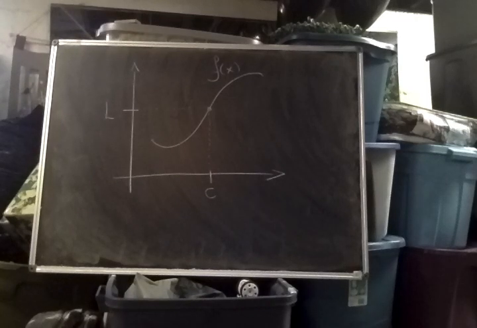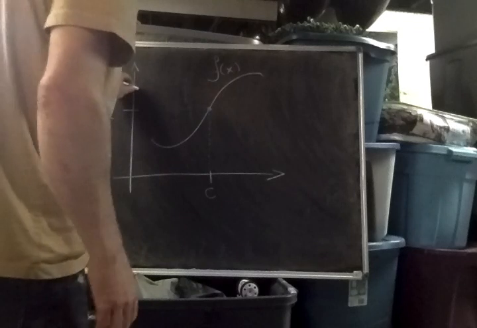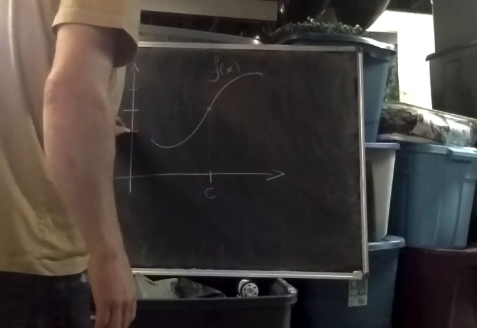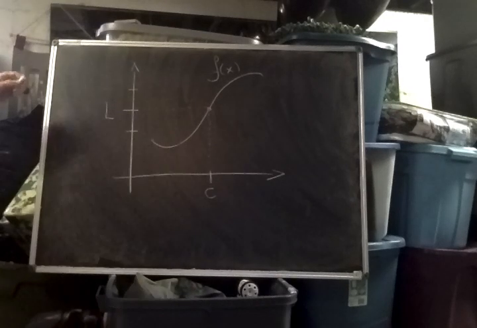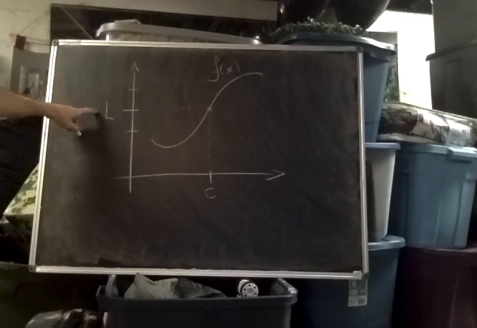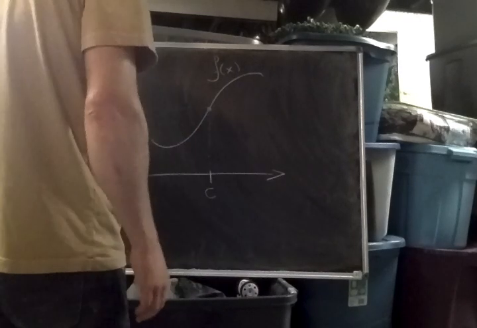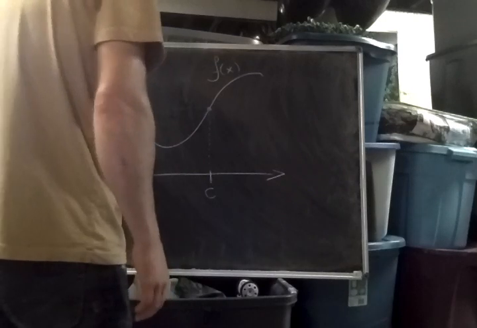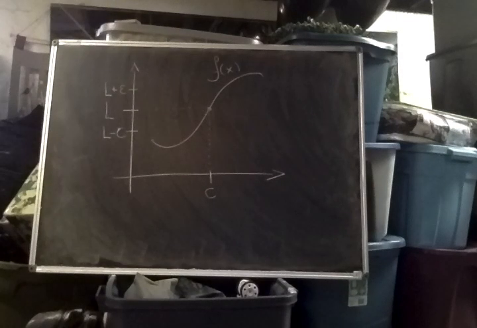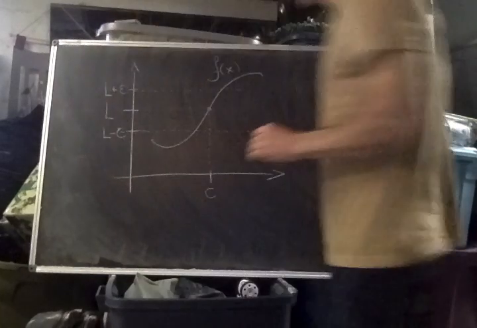So what happens? You are given some tolerance, epsilon, and you would like the value of your function to be within epsilon of this number L. That means if this point is L plus epsilon and this point is L minus epsilon, then you want the height of your function to be somewhere inside this tube, right?